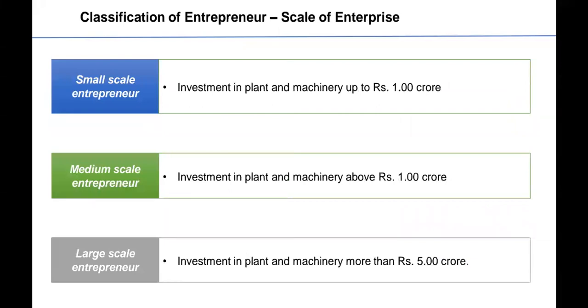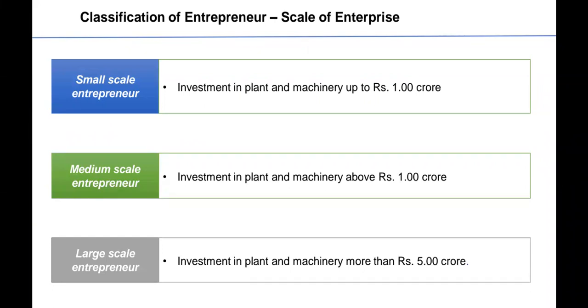Next is classification of entrepreneurs by scale of enterprise, right? The scale of enterprise, or the size of the investment. As far as the small scale entrepreneur is concerned, investment in plant and machinery is up to 1 crore. We call it a small scale enterprise, right?